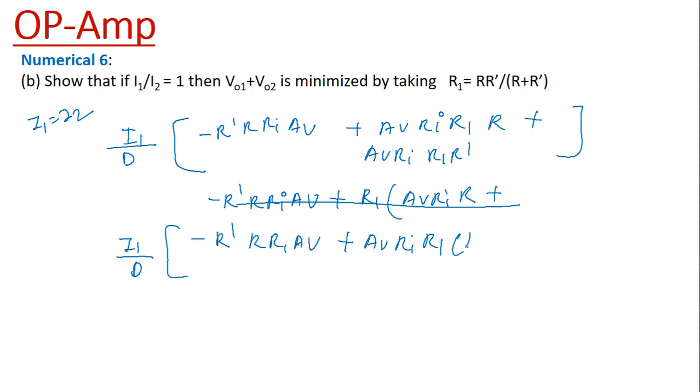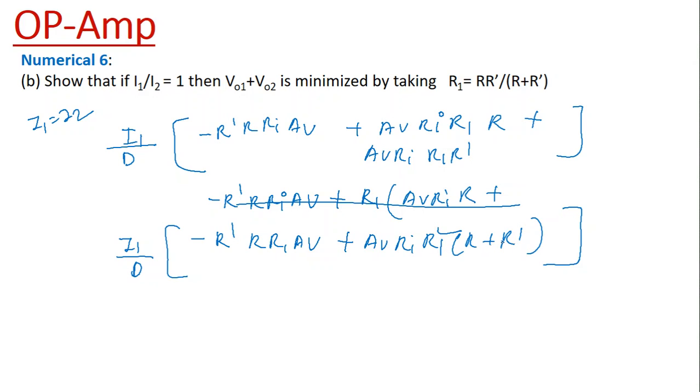Then we get R plus R dash. This we have already been given in the question, so we don't have to open the bracket here. It is given that R1 is equal to R R dash divided by R plus R dash. So when we put this, what will we get?